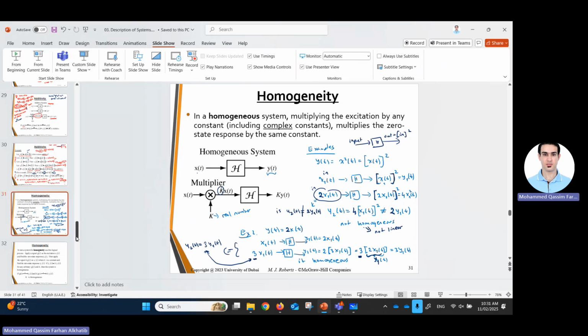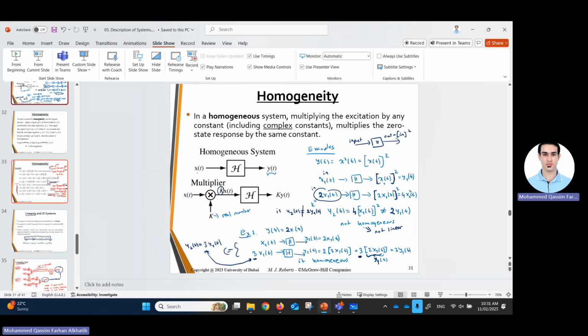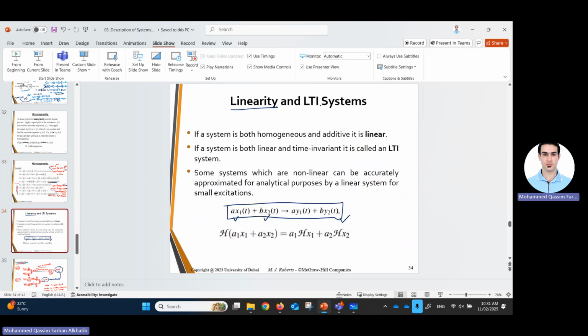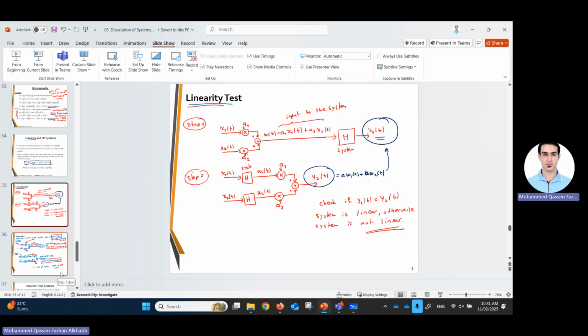All right, now if you want to combine both, linearity and the LTI system, you have to apply a x1 plus b x2 to the system. You should get a y1 plus b y2. If this is not satisfied, then the system is not linear. Let's see an example there.